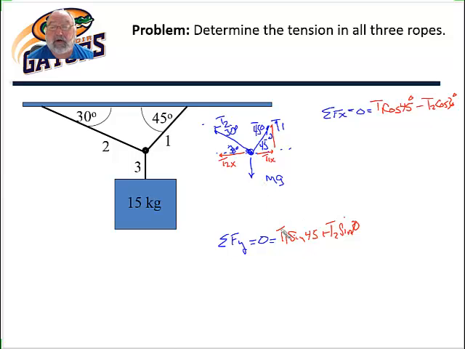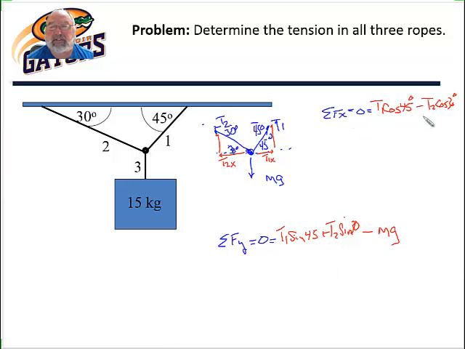So our positive forces are T1 sine 45 and T2 sine 30. Those are the forces pointing in the positive direction, minus whatever components of forces are pointing in the negative direction, and that would just be mg. Okay, so I also have two unknowns in the y equation.